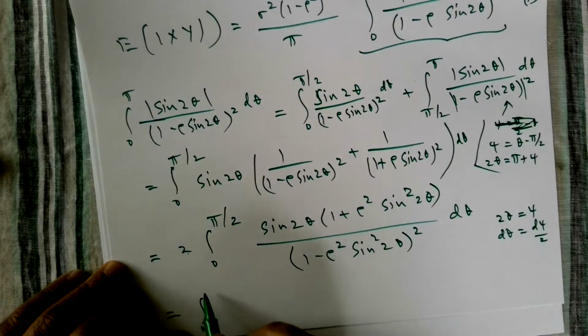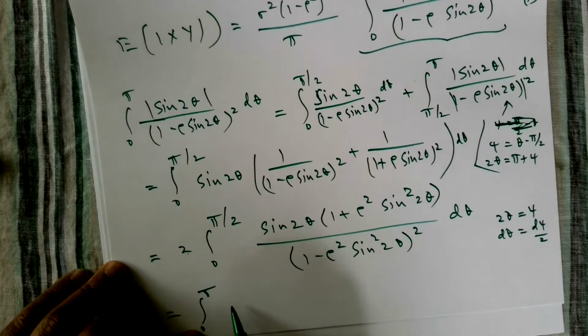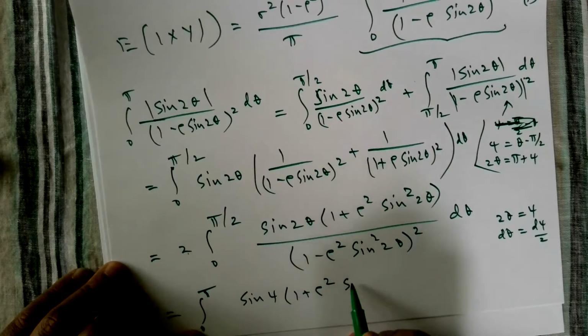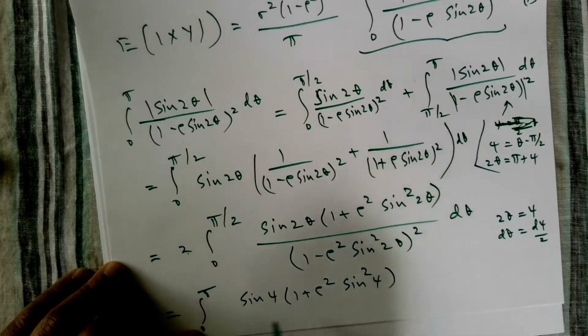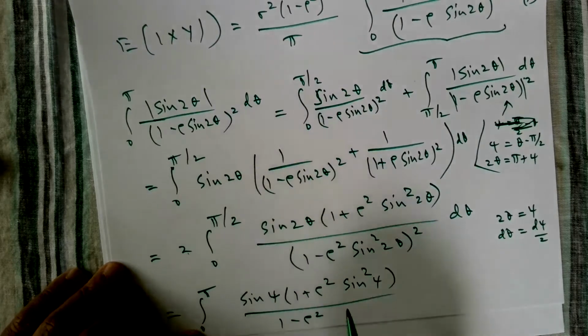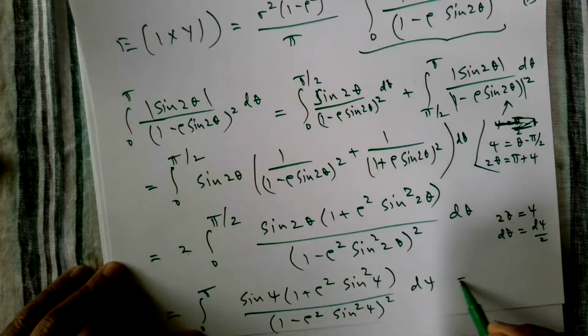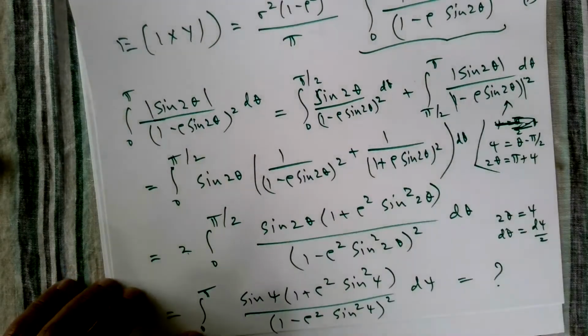So this becomes the integral from 0 to pi of sine phi times (1 plus rho squared sine squared phi) divided by (1 minus rho squared sine squared phi) squared d phi. So this needs to be evaluated.